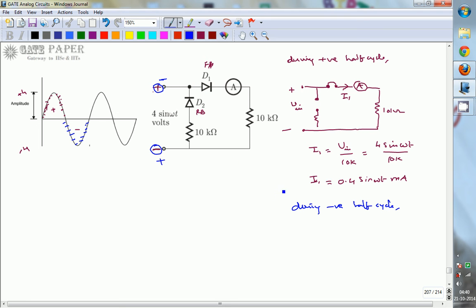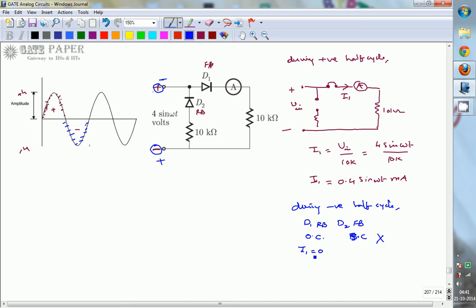This more negative voltage makes D1 reverse biased and D2 forward biased. Whenever D1 is reverse biased it acts as an open circuit, and D2 forward biased is a short circuit, so I1 becomes 0. We are not interested in the current through diode 2, because the ammeter is connected in series with diode 1, so we only concentrate on the current flowing through D1.